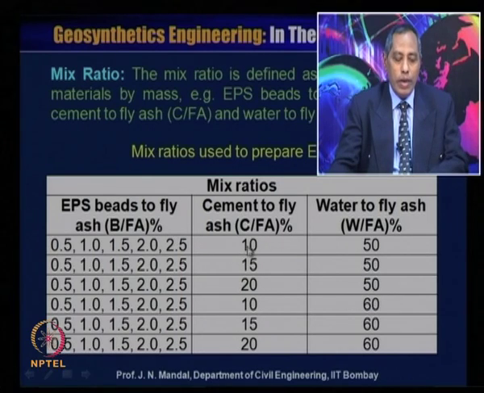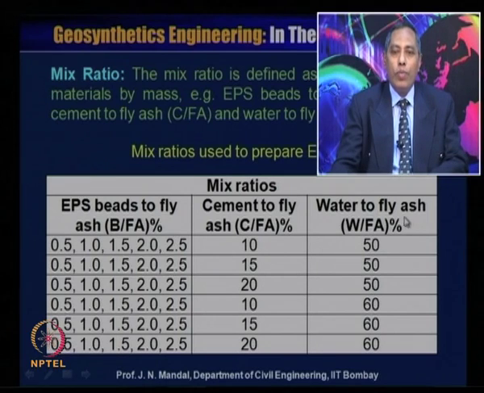If the cement is 100 gram and fly ash is 1000 gram, the cement to fly ash ratio will be 100 by 1000 into 100, which gives 10 percent. Like that, a cement amount of 150 gram gives 15 percent, and 200 gram of cement gives 20 percent.